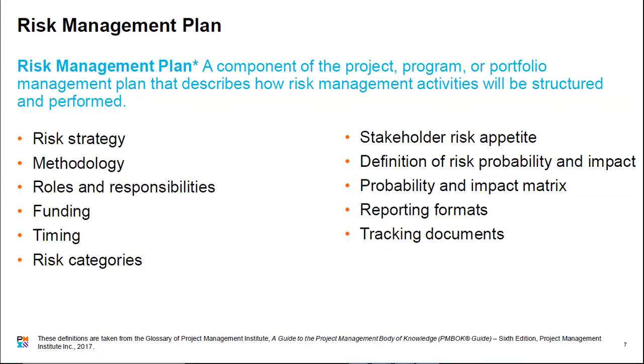Also, your risk management plan will contain the funding approach, the timing, risk categories, stakeholders' risk appetites, definition of risk probability and impact, probability and impact matrix, and also it will contain reporting formats for the risk aspect of your project.